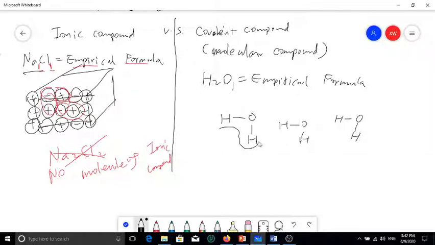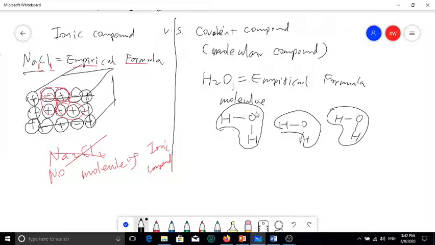You have a well-defined molecule of water. In each molecule of water, there are 2 hydrogens and 1 oxygen. So these numbers are the real number of atoms. They're not just a ratio. They are the actual number of atoms in the molecule.